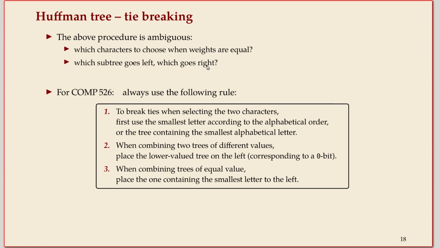But I want you to use this tie-breaking rule whenever you construct Huffman codes. Please break ties in exactly this way, and you'll see an example. The slides have an example, and I think I have one in the tutorial. If not, we will put one in the last week.